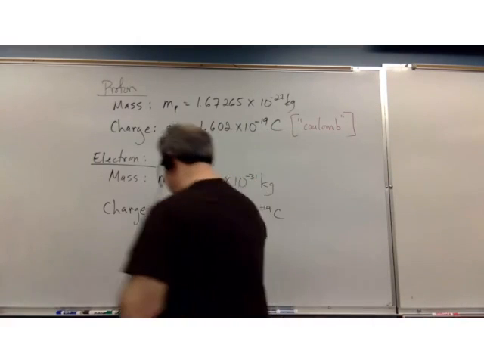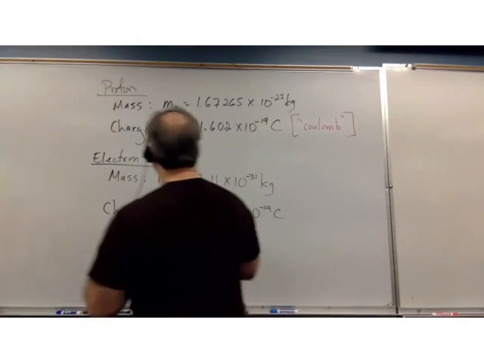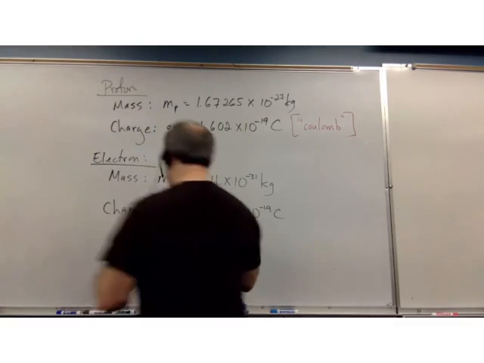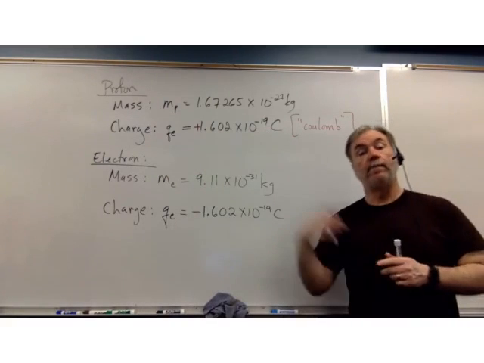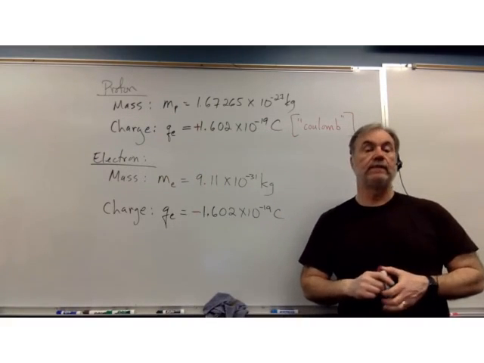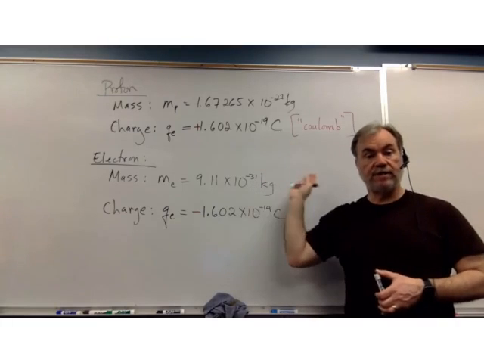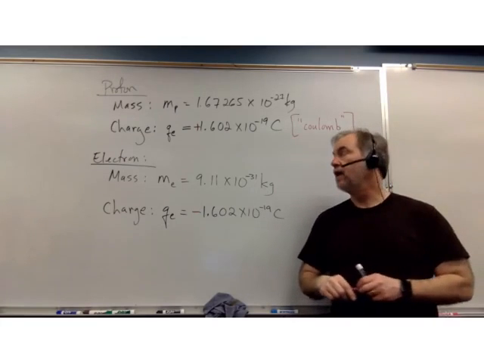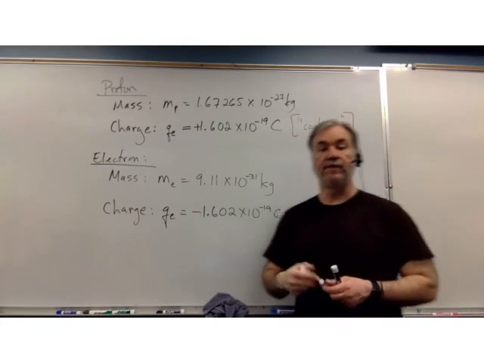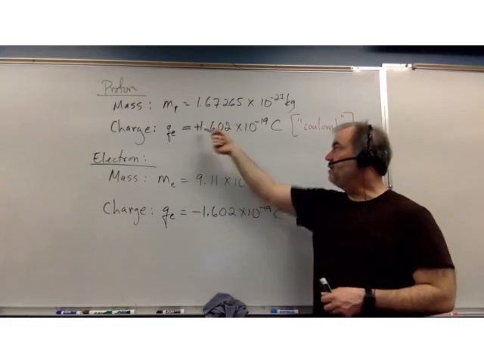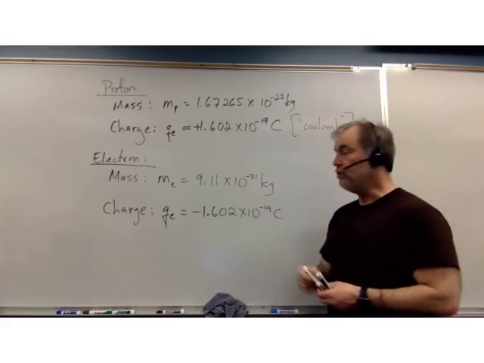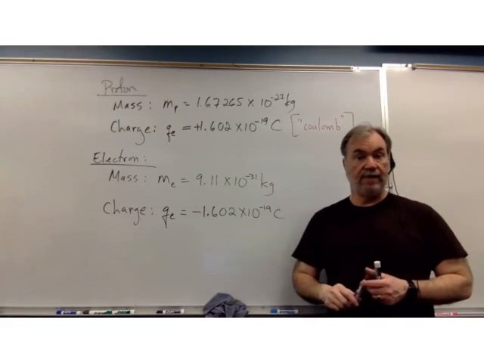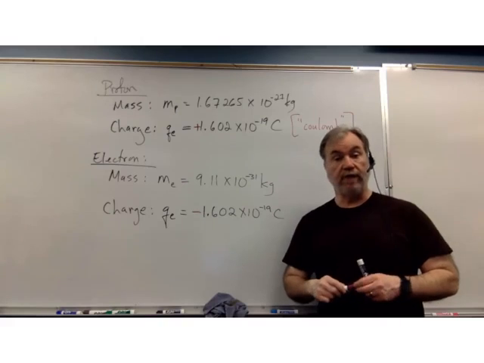Anyway, the choice was made to say that the proton carries a positive charge and the electron carries a negative charge. They carry the same amount of charge, but they are opposite in the sense that the force an electron causes points in the opposite direction to the force that the proton causes, and therefore we label them in an opposite sense. There is a very great difficulty that creeps in when you try to actually do calculations involving these, and I will describe that difficulty when we start doing calculations.